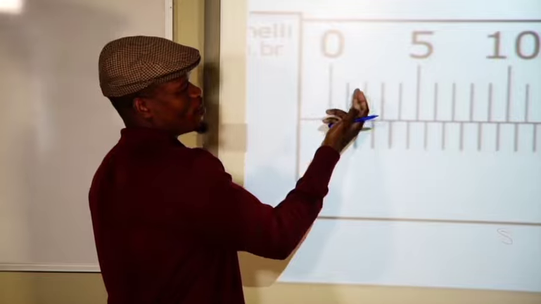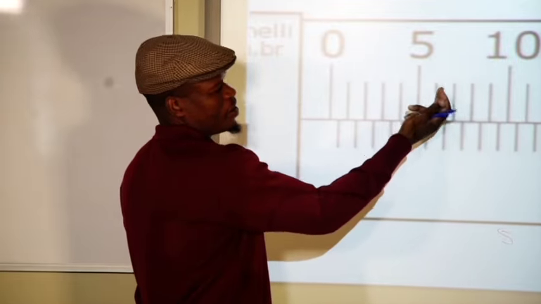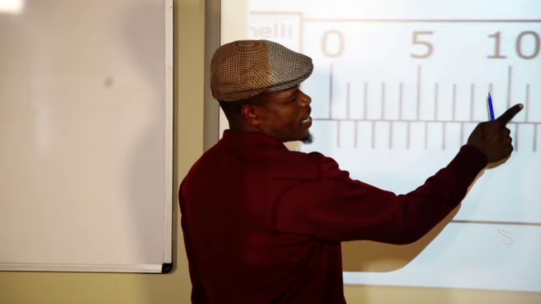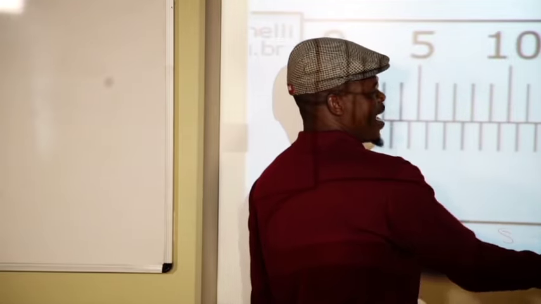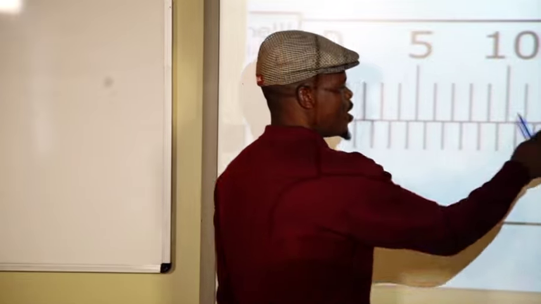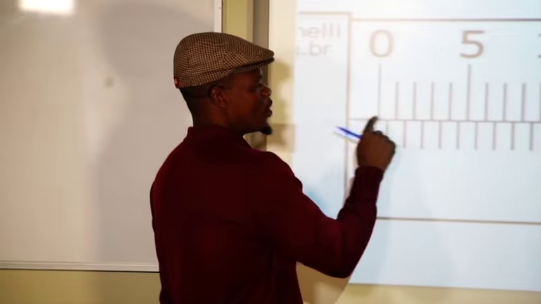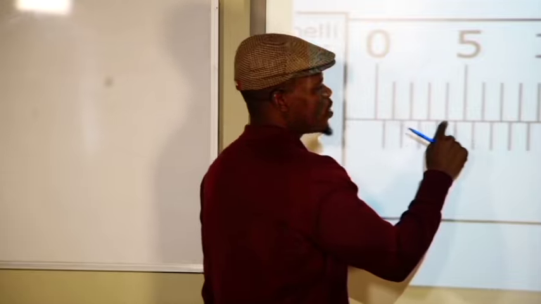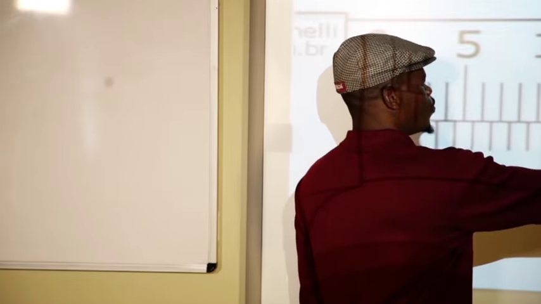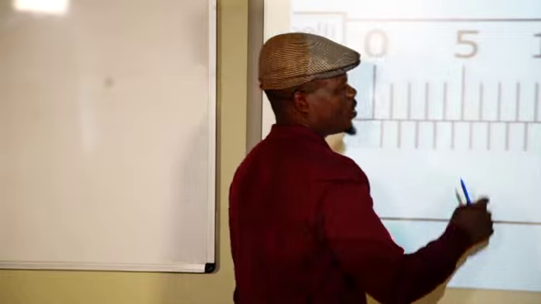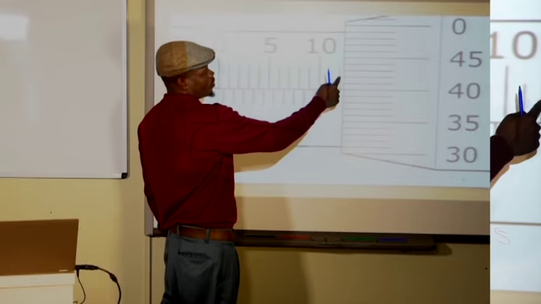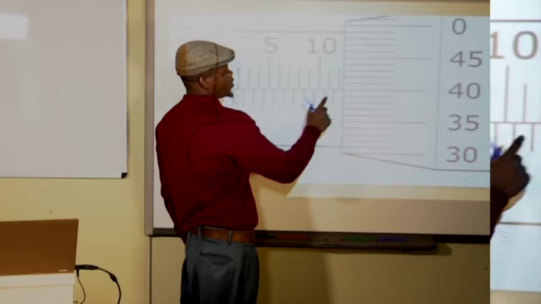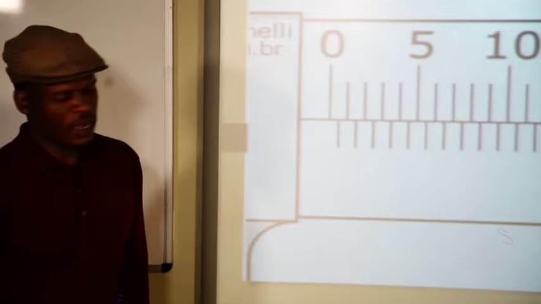So it's going to be 1, 2, 3, 4, 5, 6, 7, 8, 9, 10, 11, 12, then you say comma, and then you look at any number which is corresponding with the major line of your main scale. If you look at that, it's going to be at 40. So the reading on this micrometer is going to be 12, 40.